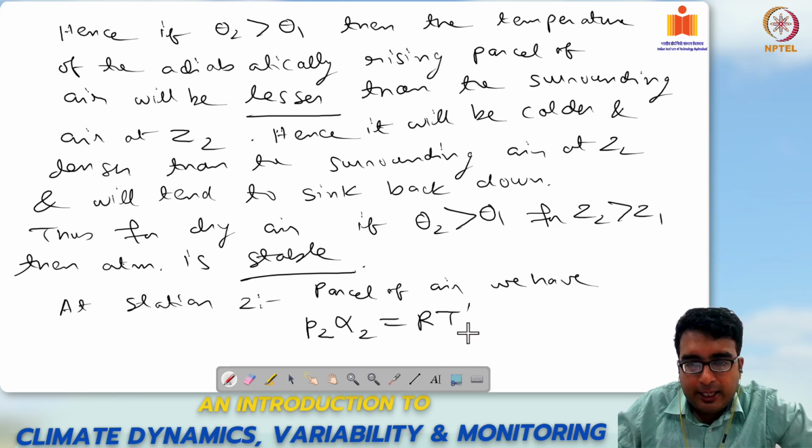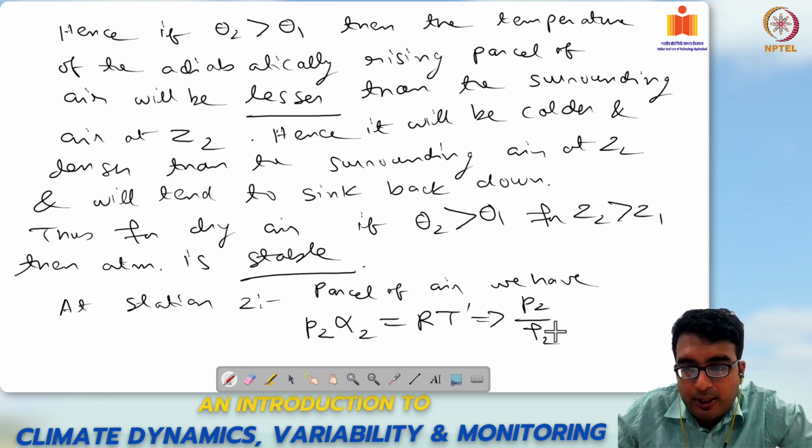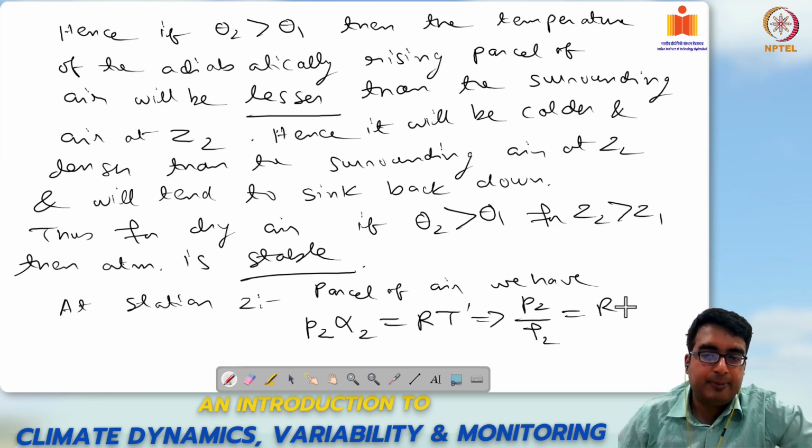Okay, implies P2 by rho 2. Remember, density is the inverse of specific volume alpha, so we are writing P2 by rho 2 equals R T prime.